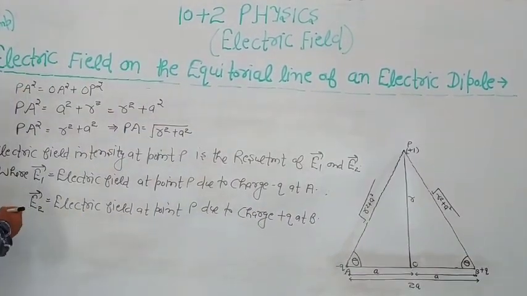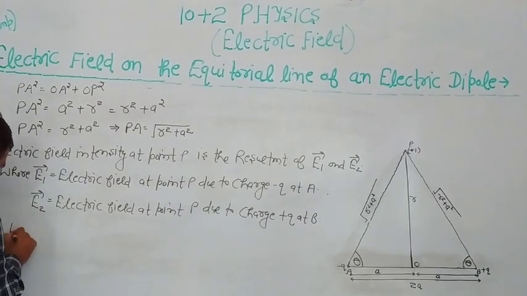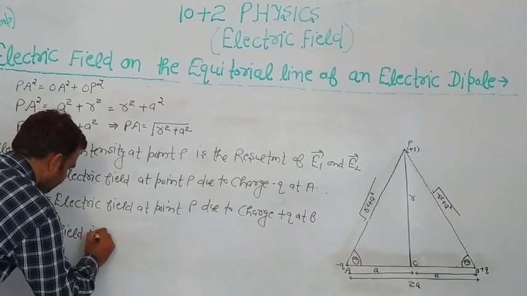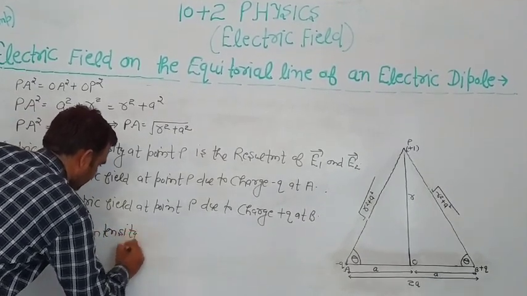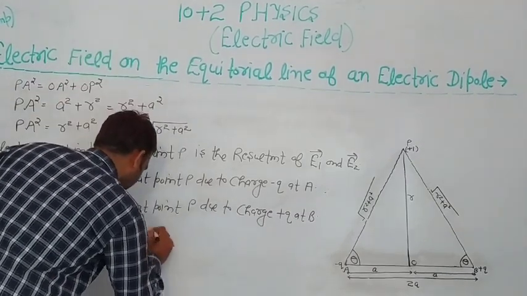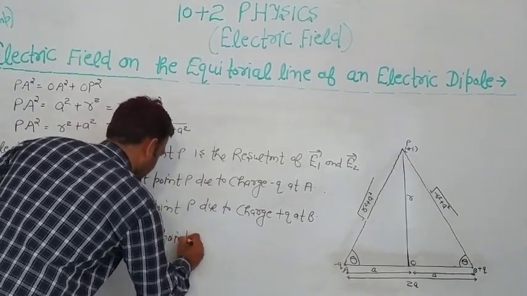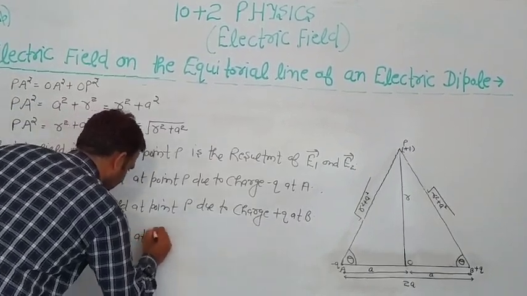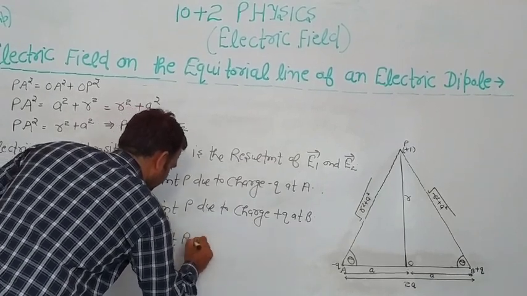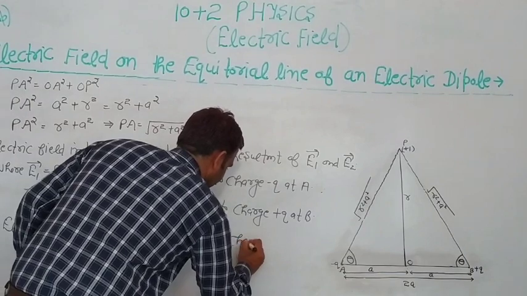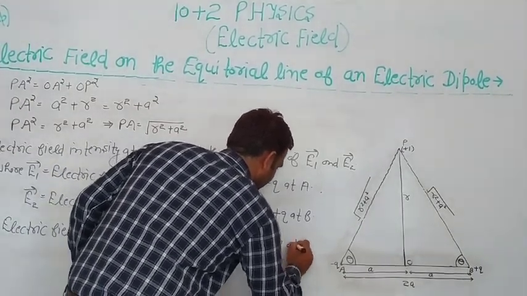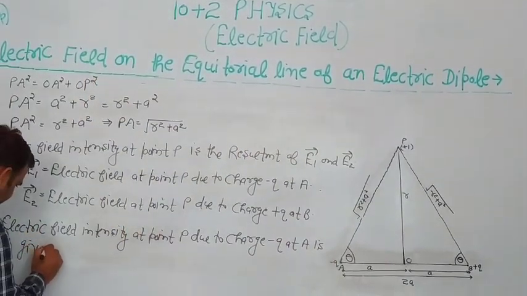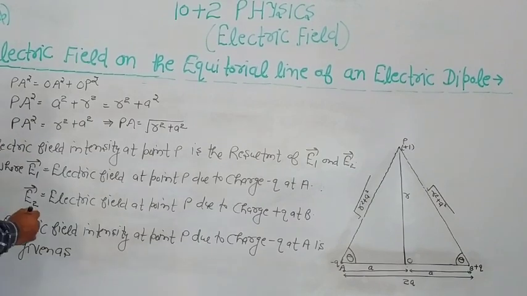So the electric field intensity at point P due to charge minus Q at A is given as E1.